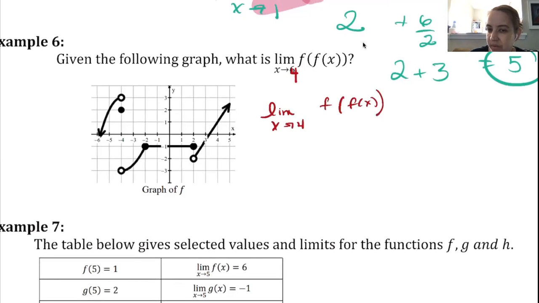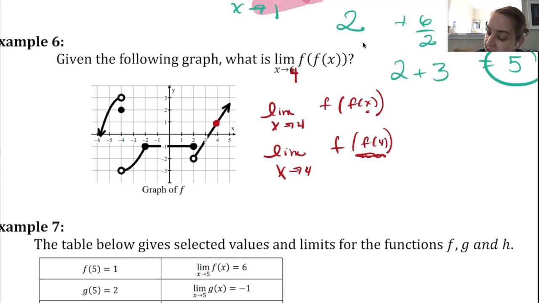So we're going to put the 4 on the very inside. You start in here. So this is the limit as x approaches 4, or this is equivalent to f of 4. So once you put that 4 on the inside, you're going to come over to your graph and evaluate it. So here's 4, and you come up here and draw yourself a dot. So for f of 4, you're really looking for the y value, which is 1.